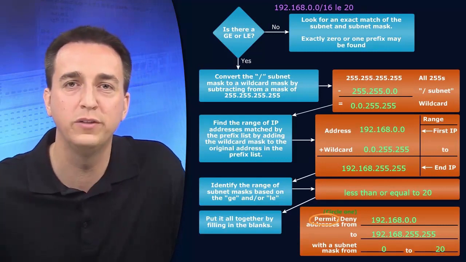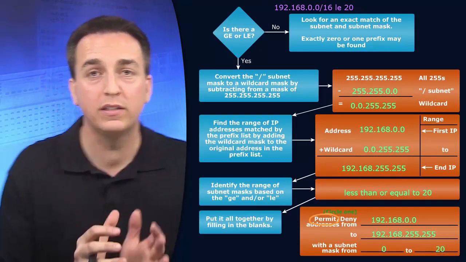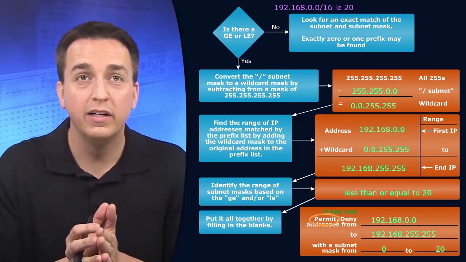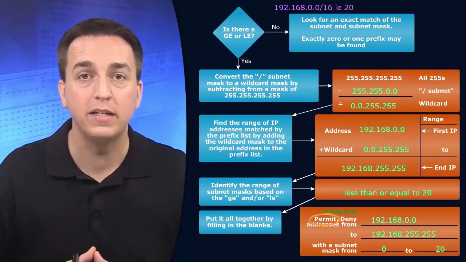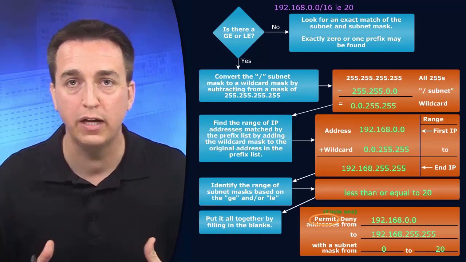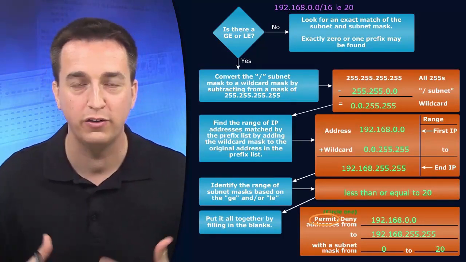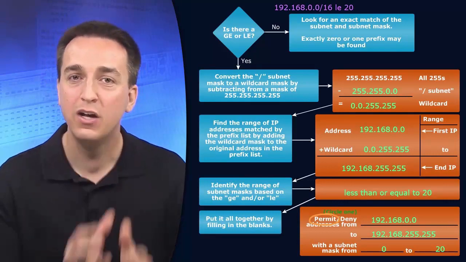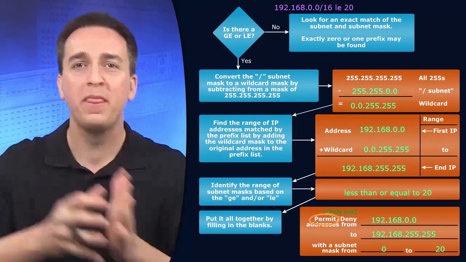And that's our final result. So that prefix list is stating we are going to permit any routes that have an address of 192.168.0.0 through 192.168.255.255 with a subnet mask from 0 to 20.